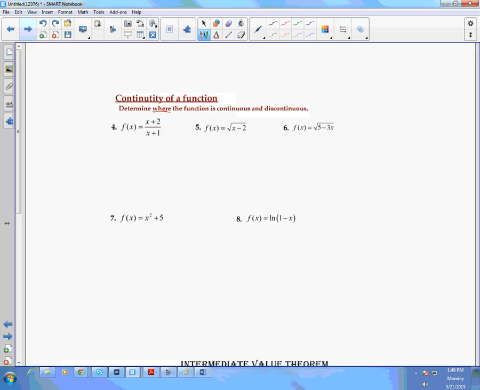I'll put it on Canvas. Number 4, determine where it is continuous and where it is discontinuous, if at all. This is just kind of the key to know the difference between non-existent, undefined, and indeterminate. This is just for you to keep in your folder. And the video will be on Canvas.